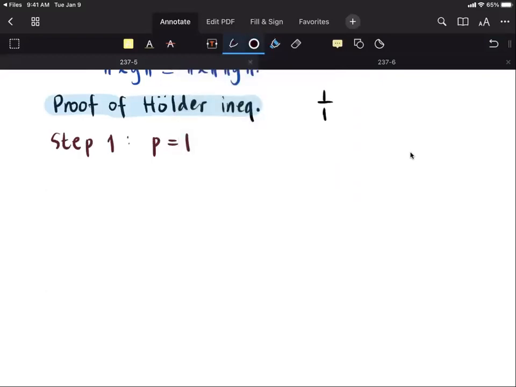Recall that here we have this equation, the relationship between P, Q, and R. So if P is equal to 1 and Q is equal to infinity, then we are left with the case that R is equal to 1.